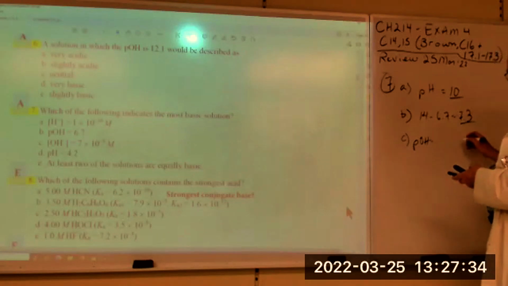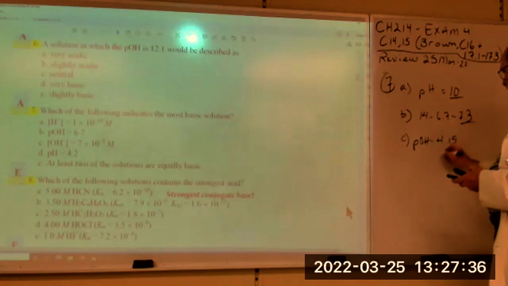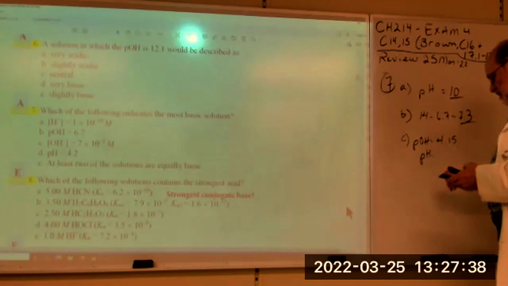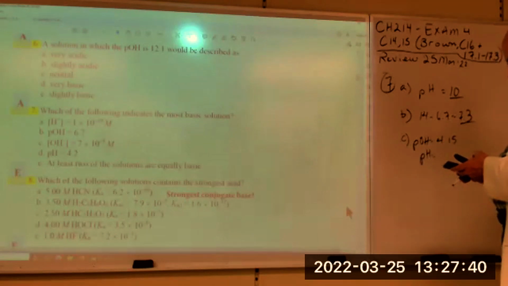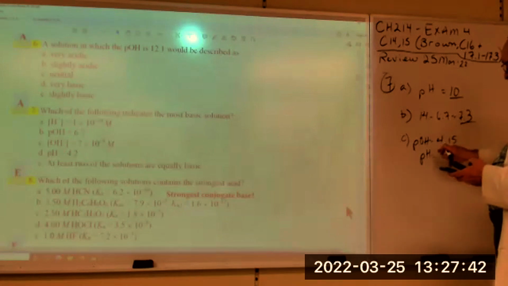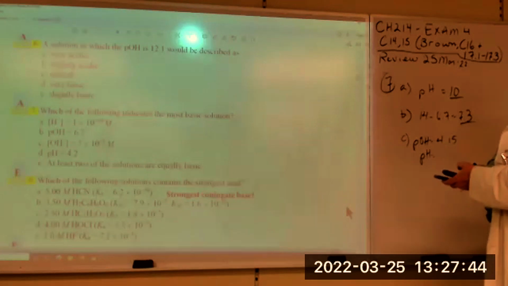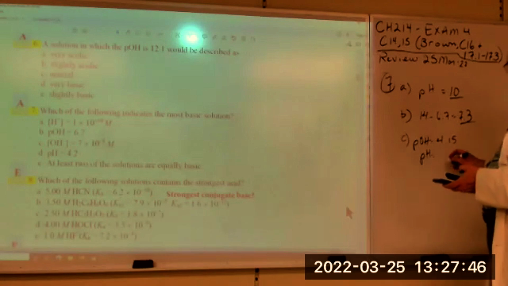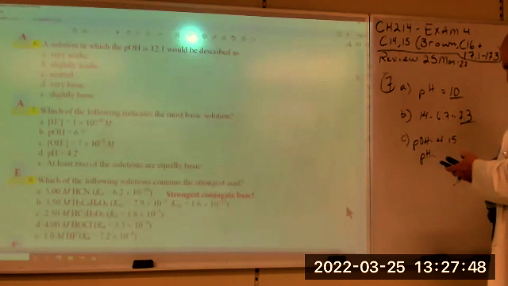So that's 4.15. pH then would be 14 minus that one. Oh, 10 point. No, it would be 9 something. 9.85.